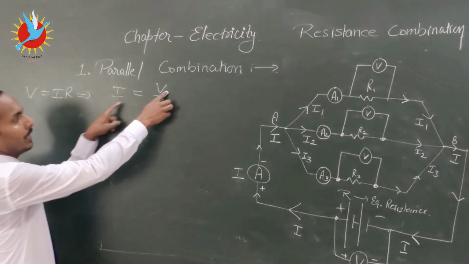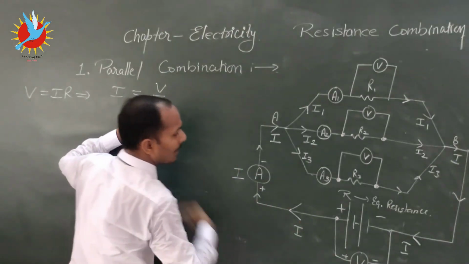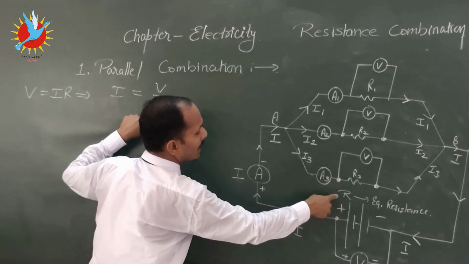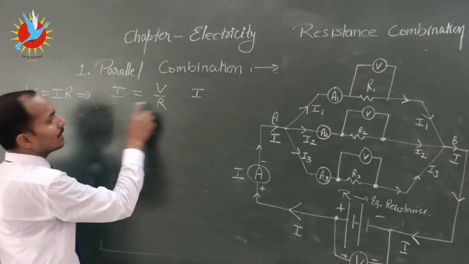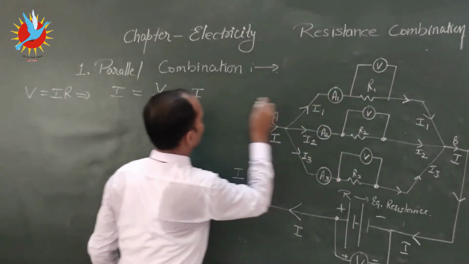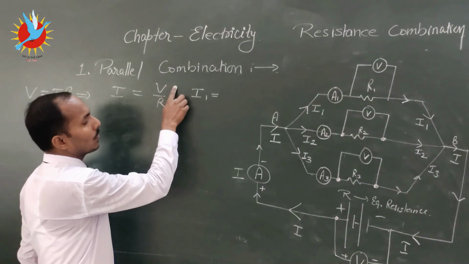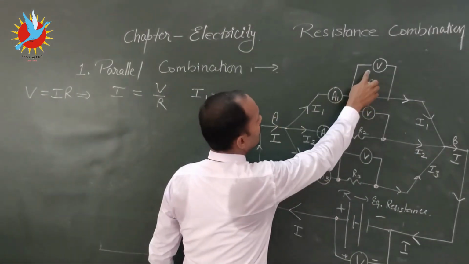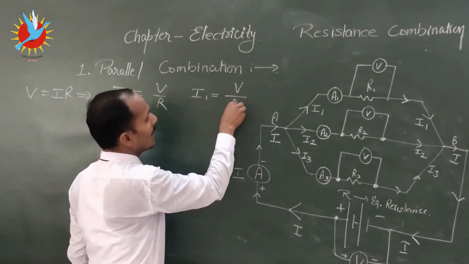Why am I using V? Here V is the potential difference of the battery, and R is the equivalent resistance of the whole circuit. Okay, and what is the current in the R1 resistor? The current I1 is equal to V by R1, since the potential is V and the resistance is R1.